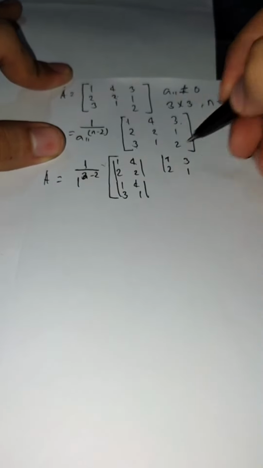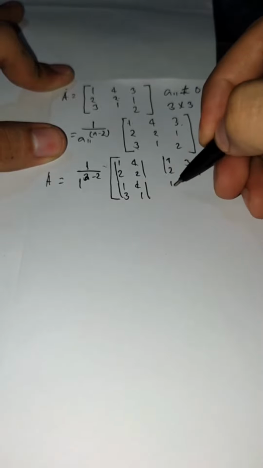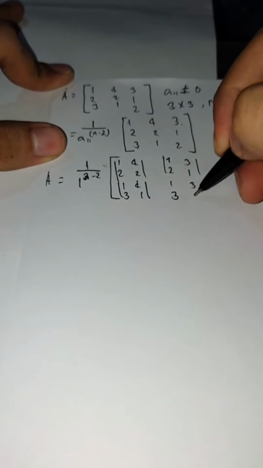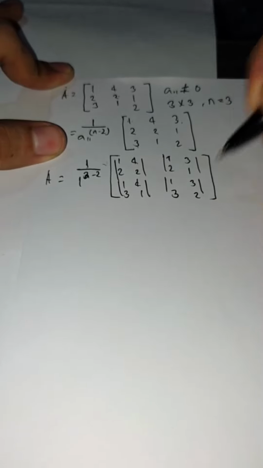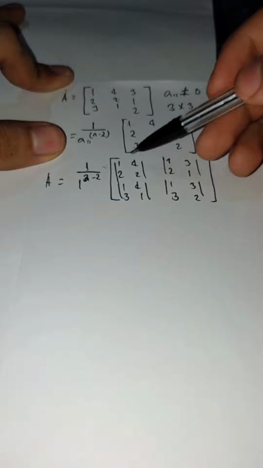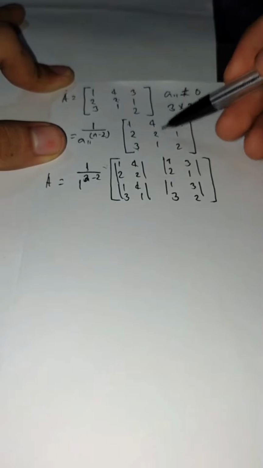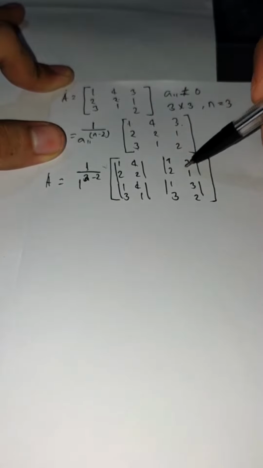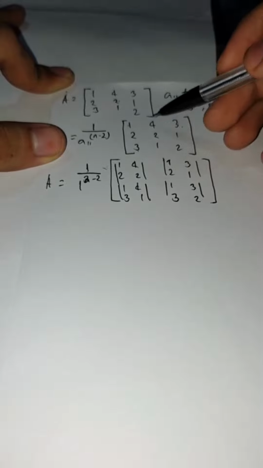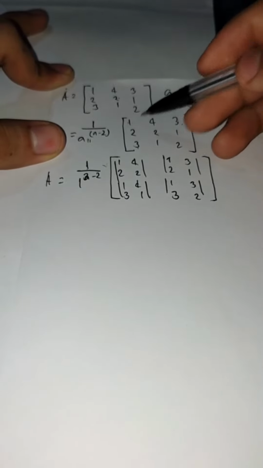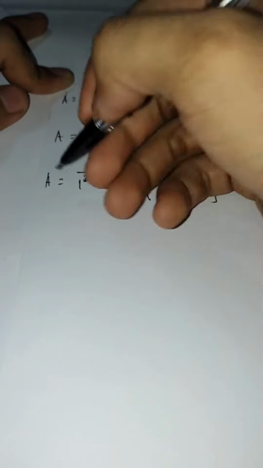Kukulong natin yan para hindi sila umalis. And 1, 3, then 3, 2. Yan. Ganun lang siya. First layer natin, ito. 1, 2, 4, 2. Next layer, 1, 2, 3, 1. Third layer, 1, 3, 4, 1. Fourth layer, 1, 3, and then 3, 2. Ito siya. Okay, next tayo.